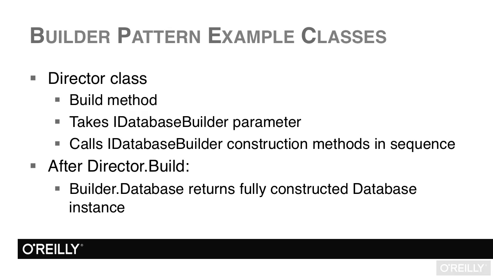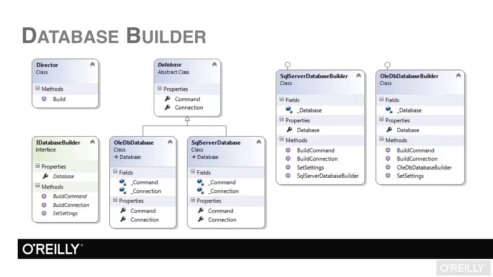So in our case, we're just going to call the method build. It'll take an iDatabase Builder parameter. So it'll use its parameter, which implements the iDatabase Builder interface, to call the methods that actually construct the object. Then after the build method is done, the builder will have a database property, which will return our fully constructed database instance.